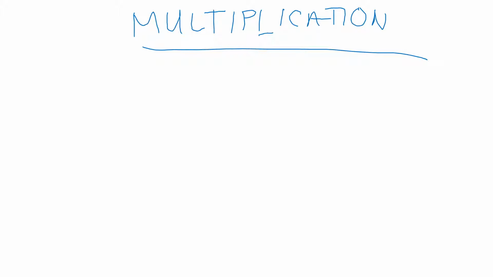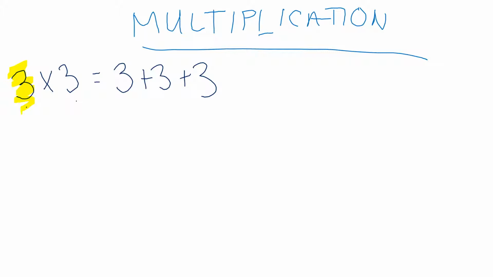So say we have 3 times 3. Another way to write this problem is as 3 groups of 3: 3 plus 3 plus 3. We get the number that we're grouping. It doesn't matter which one we pick, but we get the number we're grouping by. So we have the 3's represented here, and how many groups we have here. 1 group, 2 groups, 3 groups.